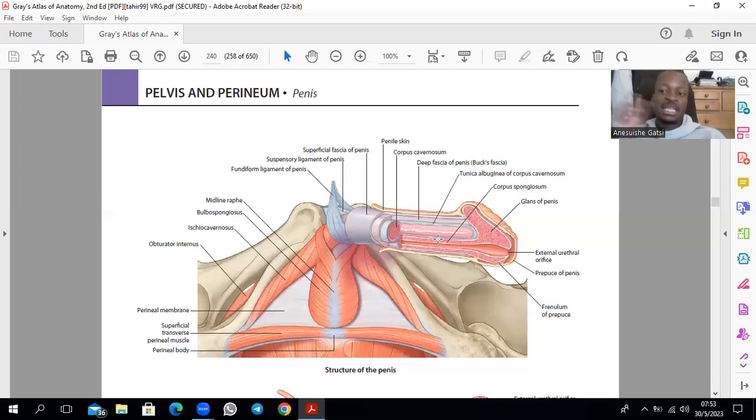But the distal end of the penile, there is stratified squamous. Then prostatic urethra has transitional epithelium. Right?